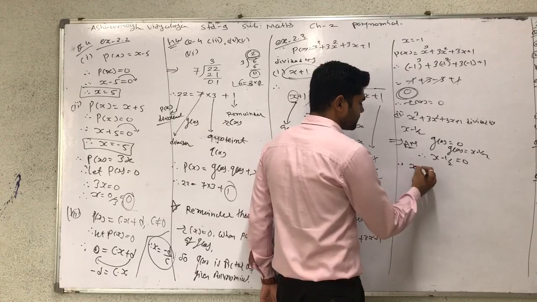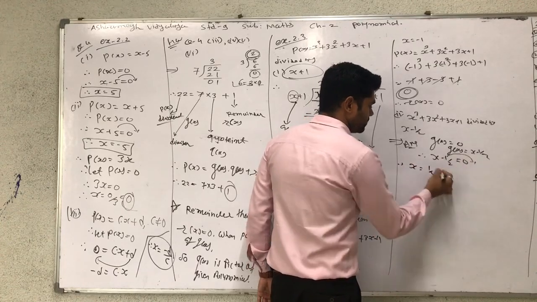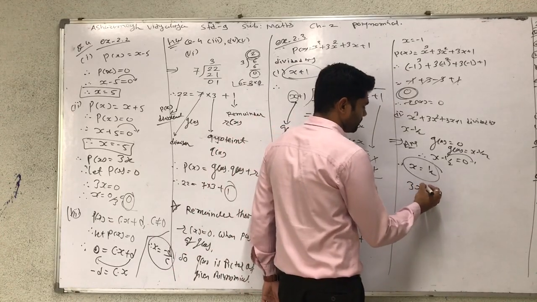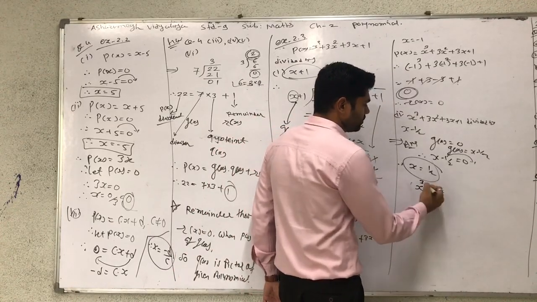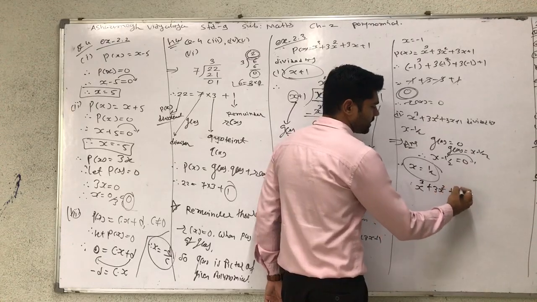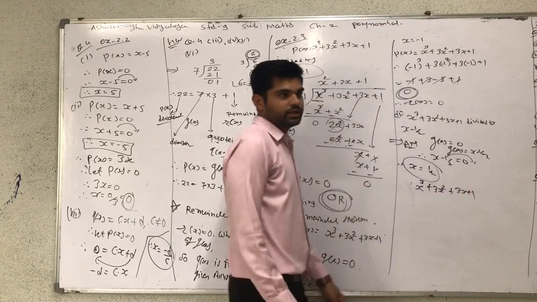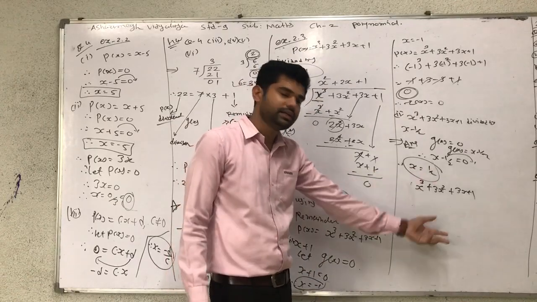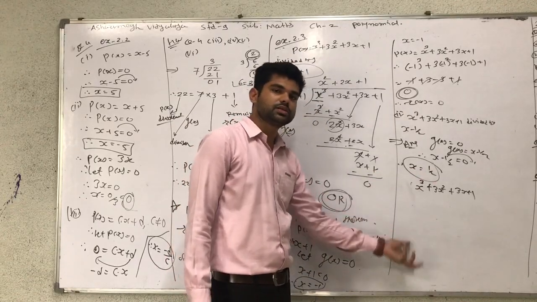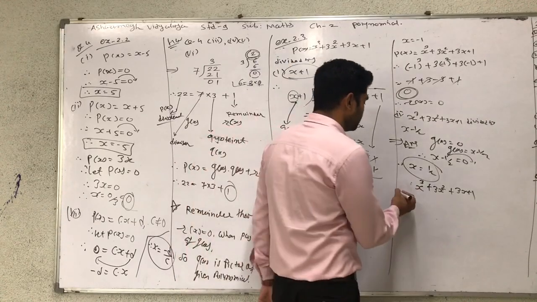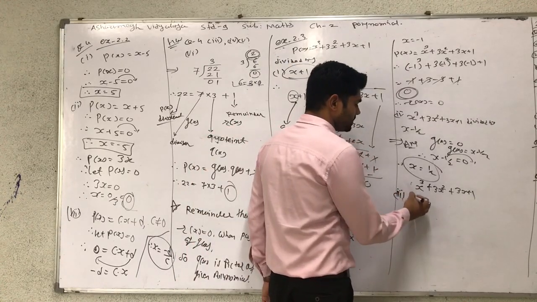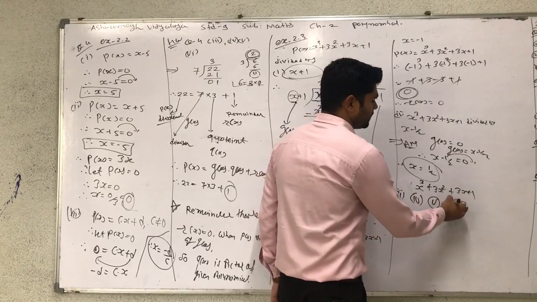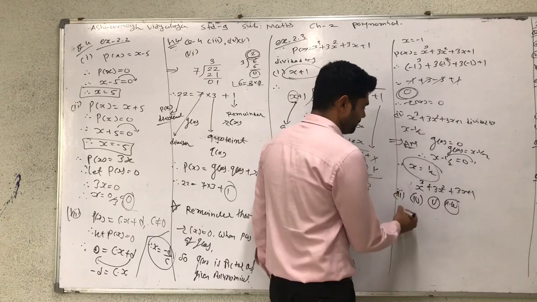In place of x, side change, so x equal to 1/2. Now in x cube plus 3x square plus 3x plus 1, in place of x we put 1/2 and find what answer, and this answer is our remainder. In similar way, solve third question, fourth question and fifth question as homework.